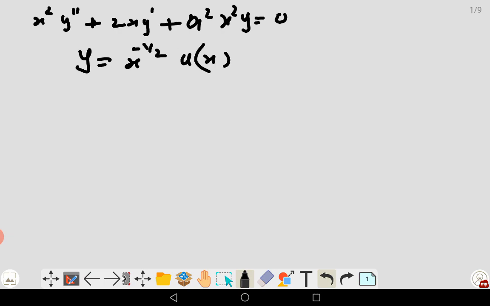Now we want to find y prime and y double prime and to substitute in this equation.